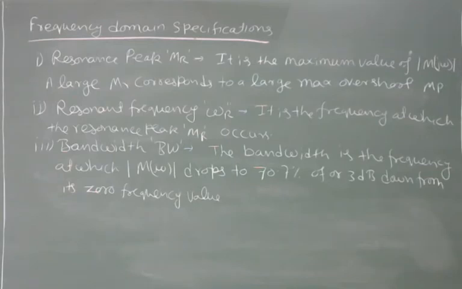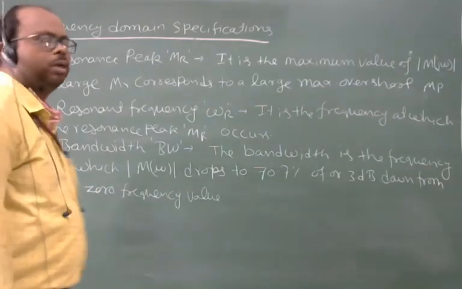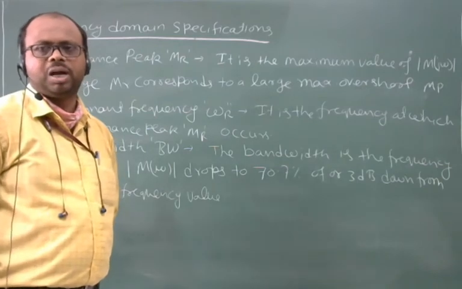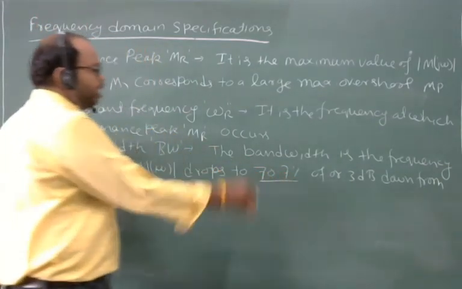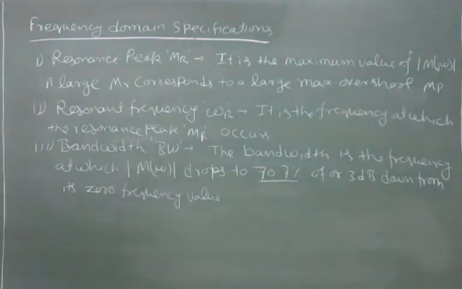And this is the range of frequency. Bandwidth is the range of frequency up to which the magnitude of M(j omega) remains more than 70.7%. This is the bandwidth.